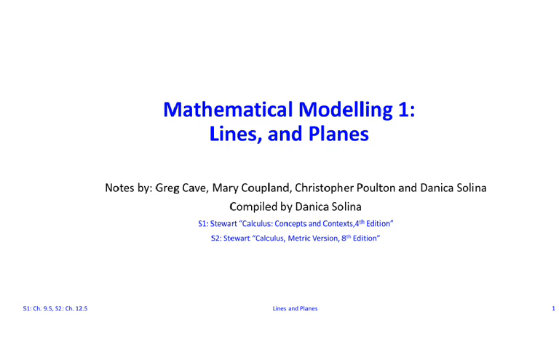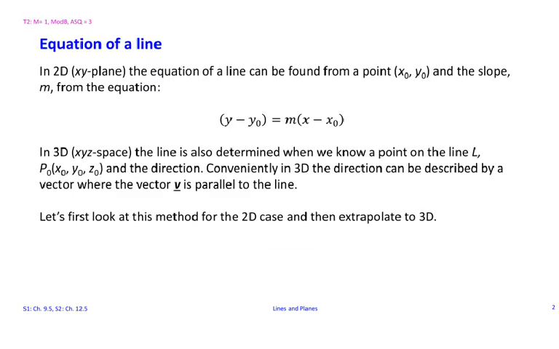We're going to be doing equations of lines and planes in 3D. In 2D, the equation of the line can be found from a point (x, y) on the line and the slope of the line.